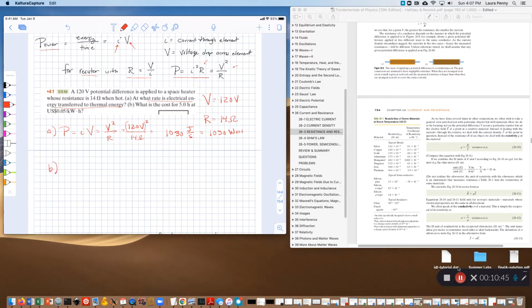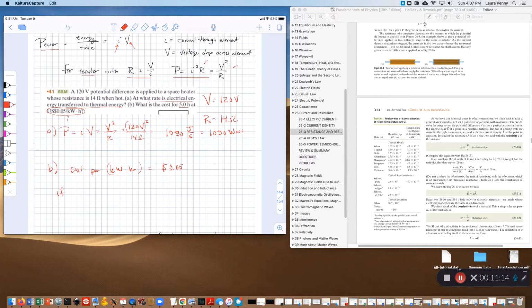For part B, it says if the cost is 5 cents per kilowatt hour, how much would it cost if we ran this for 5 hours? So the cost per kilowatt hour, this is an actual unit, is 5 cents. That's what this is trying to say. So let's see if we can figure it out.